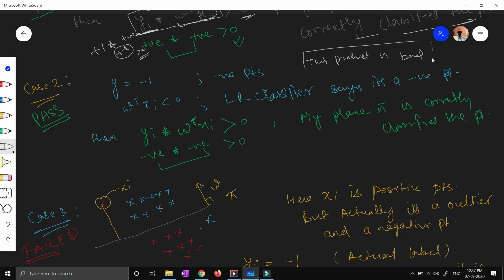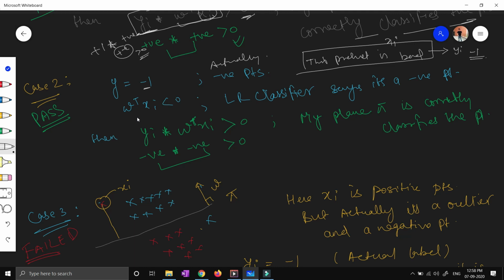This is my xi, and the class label yi is -1, obviously, because it's a bad product, so it's a negative review. In the data set it is given that yi is negative for this particular xi. So actually it is a negative point, because xi is a negative review.